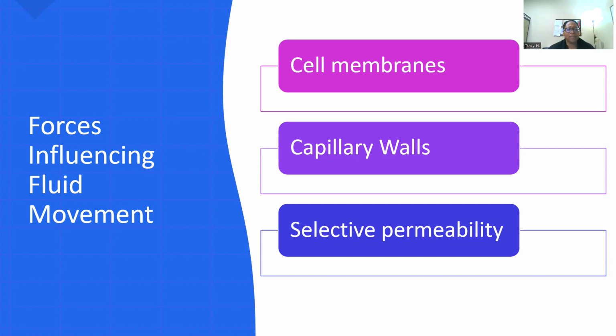And forces like osmotic pressure, influenced by the concentration of the particles, also come into play. For instance, when electrolytes are lost more than fluids, an imbalance will impact the health of the intracellular and extracellular fluids. Okay. So maintaining this balance is very crucial. And then we'll go on to understand its significance.